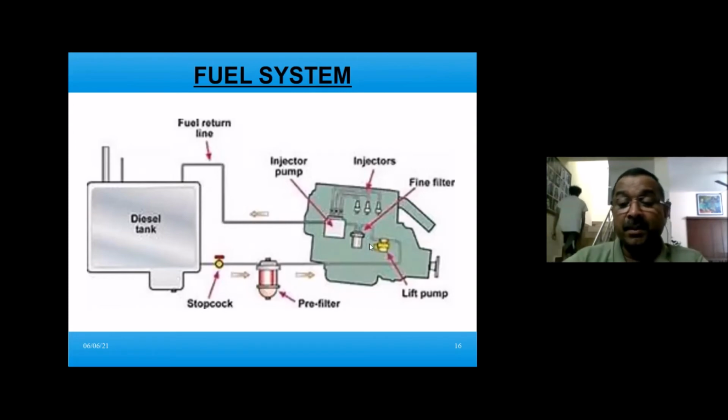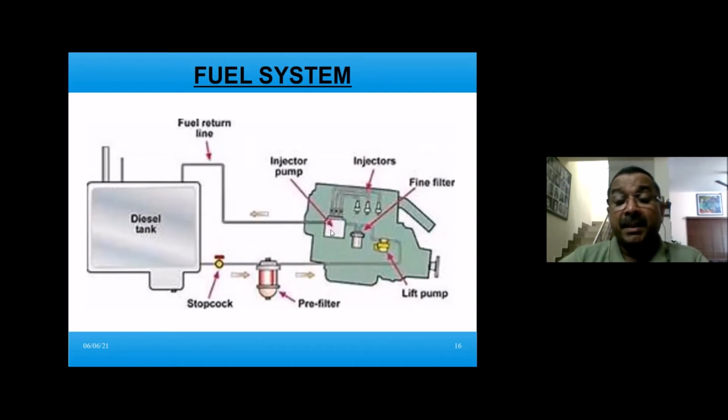Diesel will be circulated through this circuit, again a closed circuit. Diesel will be collected from here. There is a filter here, so your fuel will be filtered, and there is another fine filter here before it is served to the engine.